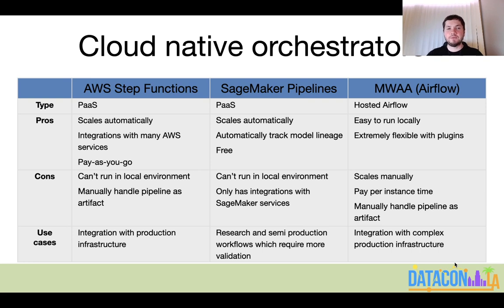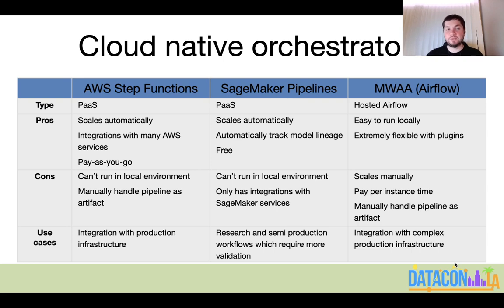So if we put all of them together, we can see that basically Airflow provides the best flexibility, though it doesn't have the full serverless experience. SageMaker Pipelines is very focused on machine learning workflows, but it has more limitations in terms of services it can integrate with. And AWS Step Functions have integrations with a lot of AWS services, and it has a pay-as-you-go system.